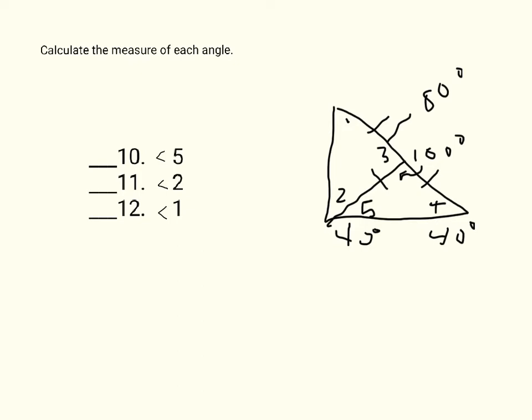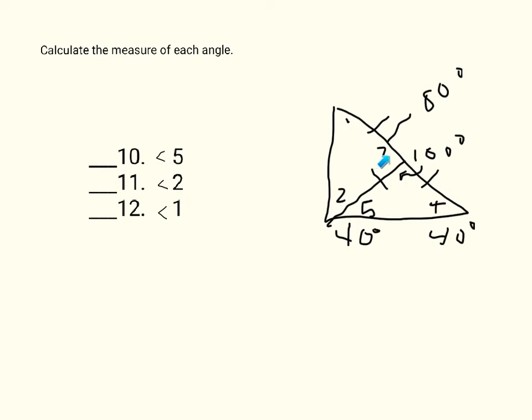So now we know that angle 3 is 80 degrees, and angle 1 and angle 2 are equal or congruent to each other. So in this triangle, which is not similar to this other triangle, they're both isosceles triangles. So this is an isosceles triangle, which means angle 1 and angle 2 are congruent.